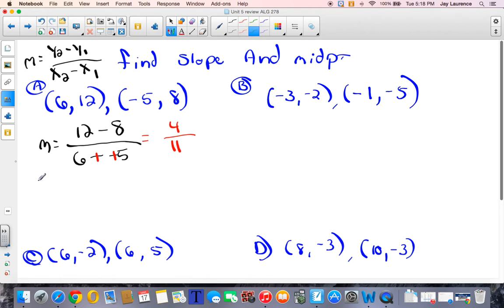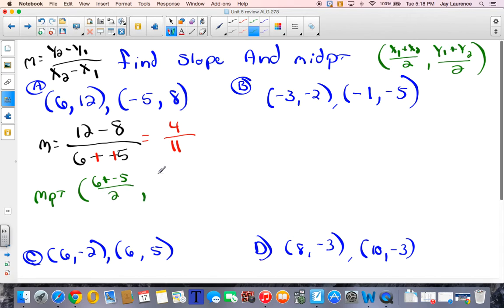Now to do the midpoint is even easier. The midpoint is just averaging the x's. So you average, you add them together, divide by 2, and then you add the y's together and divide by 2. So to get the midpoint, you're going to add together 6 plus negative 5 and divide by 2, and then you're going to add together 12 plus 8 and divide by 2.